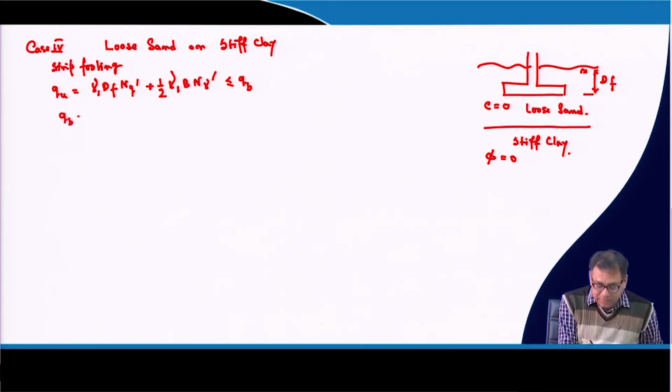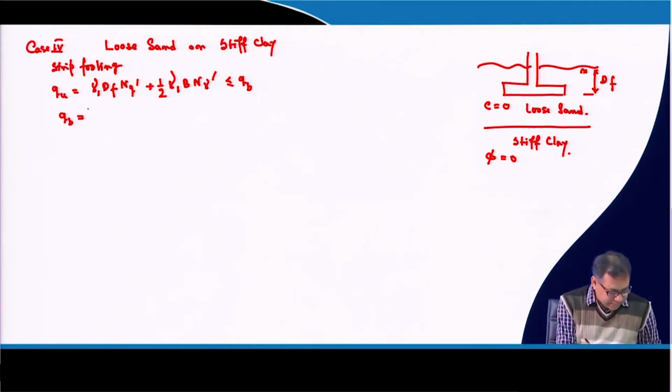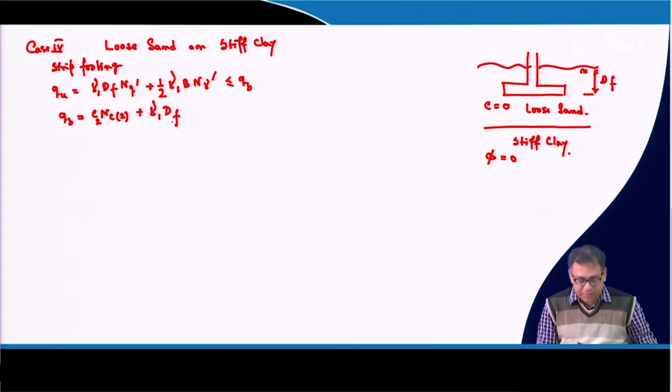Now, q_b will be equal to c_2 N_c2 plus gamma 1 D_f. So, q_b is considered as gamma 1 D_f, because as I mentioned here, the H part is not considered.